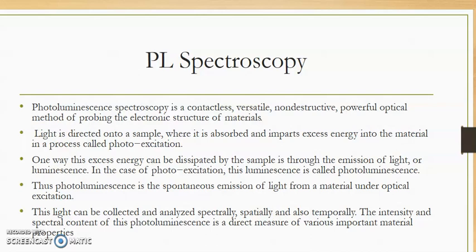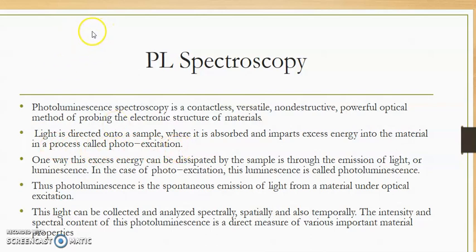It is a contactless, versatile, non-destructive, powerful optical method of probing the electronic structure of materials. Light is directed into the sample, where it is absorbed and imparts excess energy into the material in a process of photoexcitation.